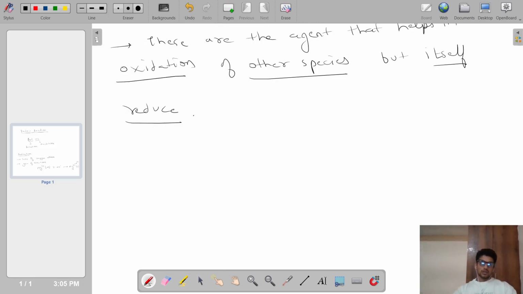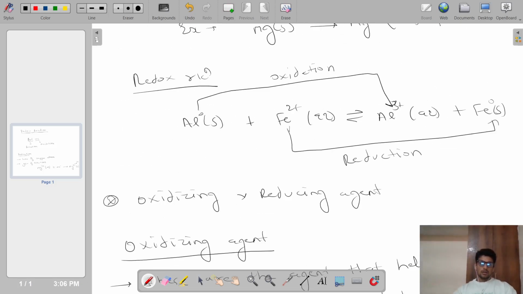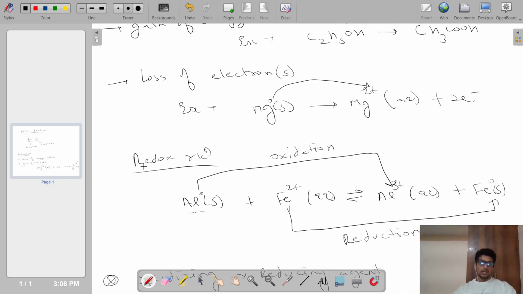For example, in the reaction above, oxidation is happening for aluminum, but reduction is happening for iron. So iron 2 positive here is the oxidizing agent because it is itself reducing, but it is helping in the oxidation of aluminum.